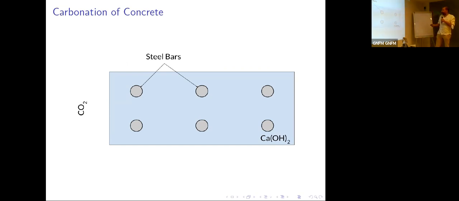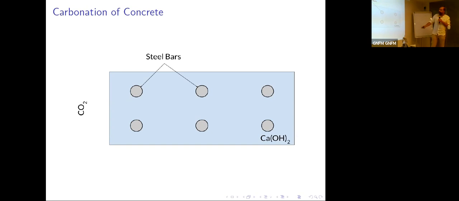Concrete is formed by a piece of calcium hydroxide. Sometimes there are some steel bars present to give much more strength to the piece of concrete. The environment of the concrete is alkaline, so this forms a thin protective layer around the steel bars that prevents the bars from corrosion.